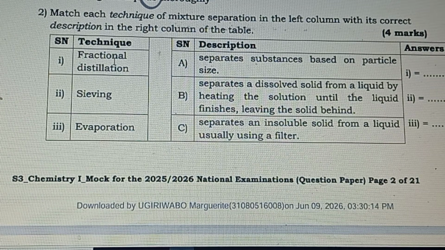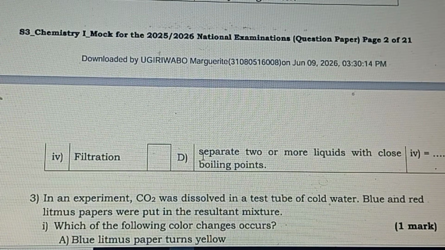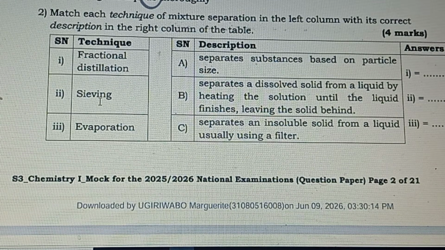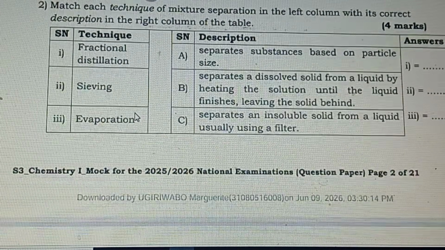The first one is fractional distillation. Fractional distillation matches to letter D, separating two or more liquids with close boiling points. II, sieving matches to A, separating substances based on particle size.